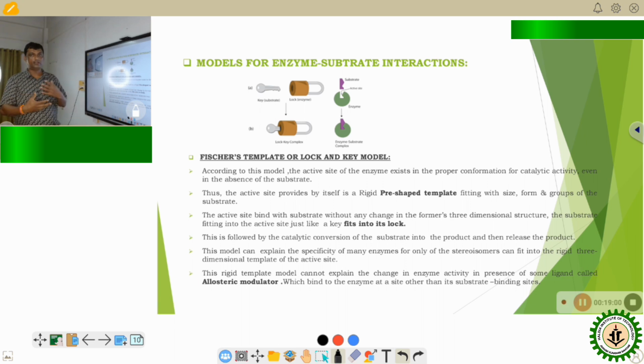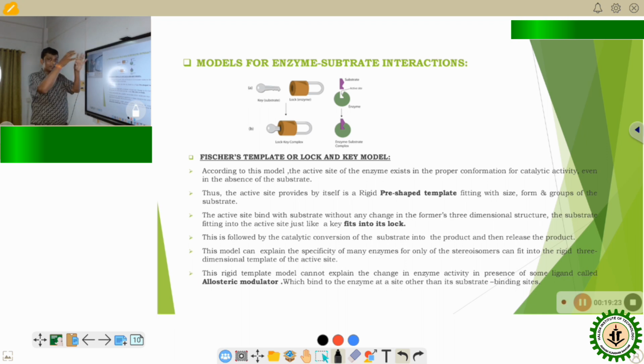Once this enzyme substrate complex forms, there are changes, and catalytic conversion of substrate into product takes place during that enzyme substrate complex formation. Again, as product forms, its configuration is not totally the same as the substrate.